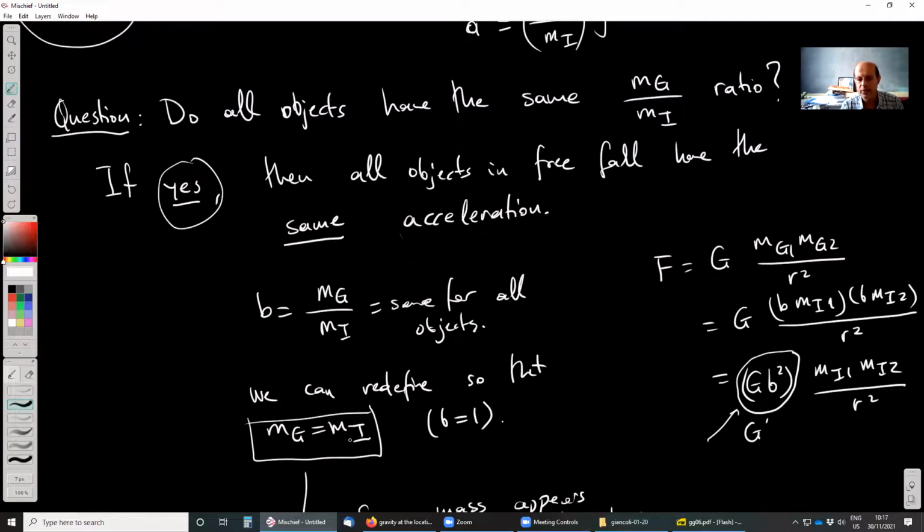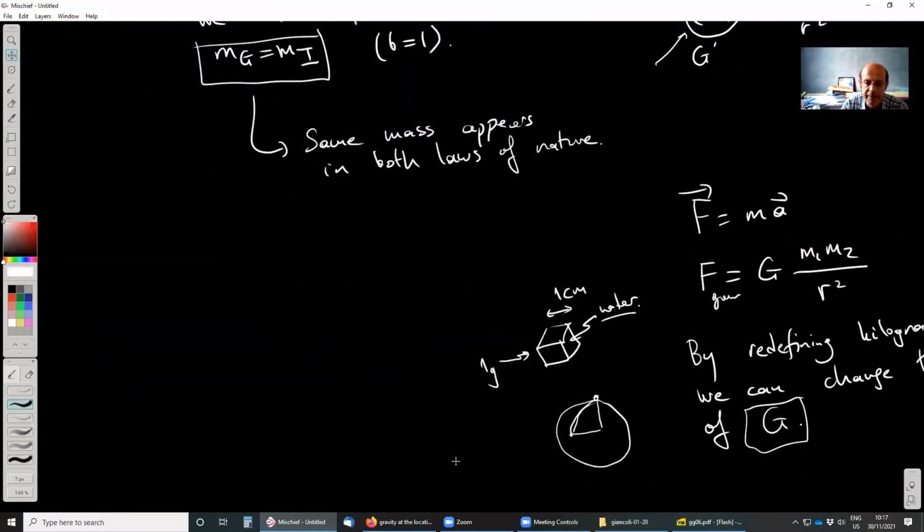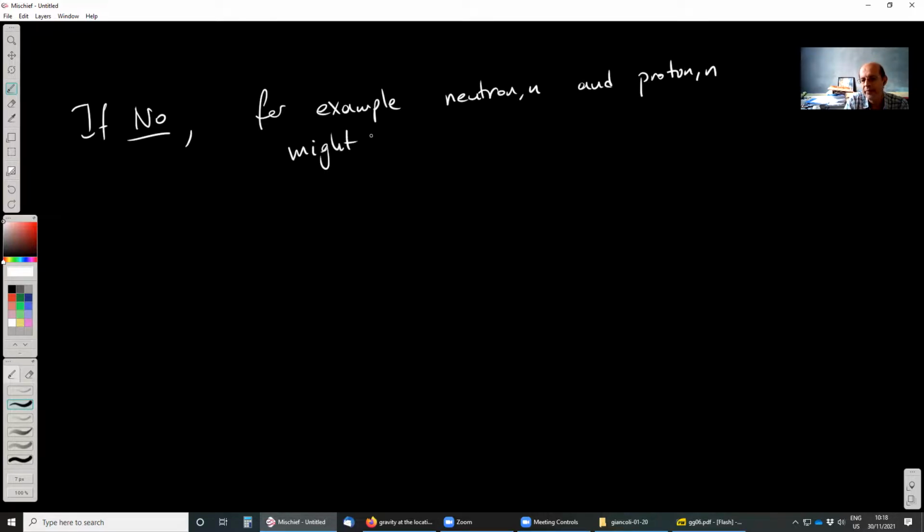But if no, for example, let's say a neutron and a proton might have different mg divided by mi ratios.